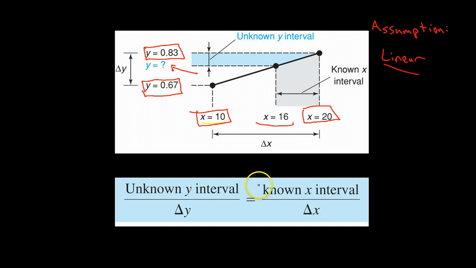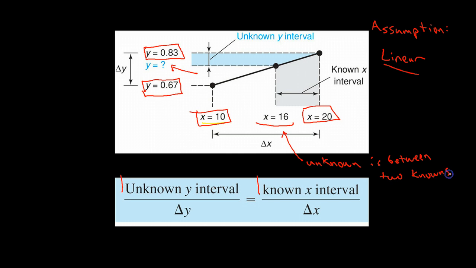If we know an x interval but don't know a y interval, we can solve it using a known y interval and a known x interval. The other key is that your unknown is sandwiched between two knowns.